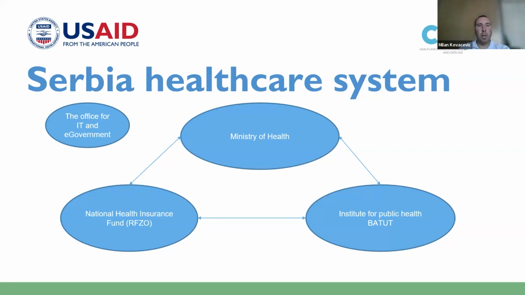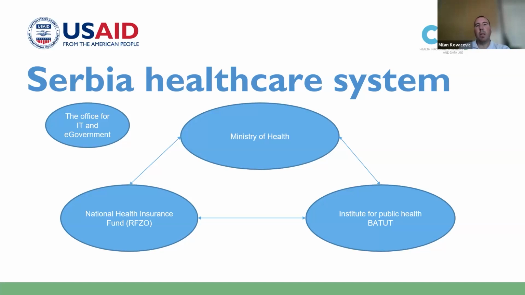In Serbia, the Ministry of Health is in charge of coordination and has the lead for policy and legislation of the health system. The Institute of Public Health, BATUT, is in charge of the collection and reporting of health data from the healthcare facilities, and the National Health Insurance Fund pays for health medical services, reimbursing the healthcare facilities based on the services that are reported to them.